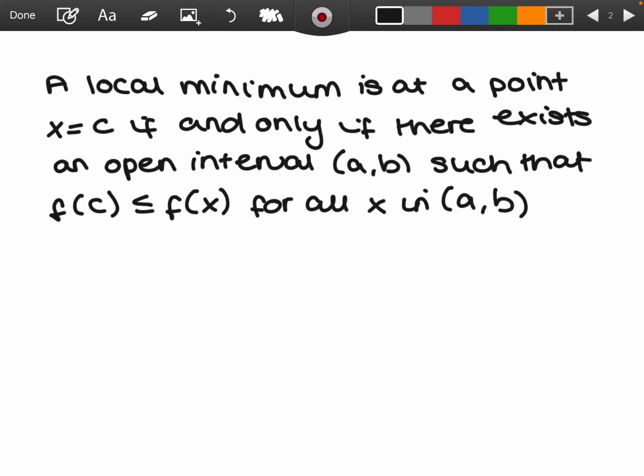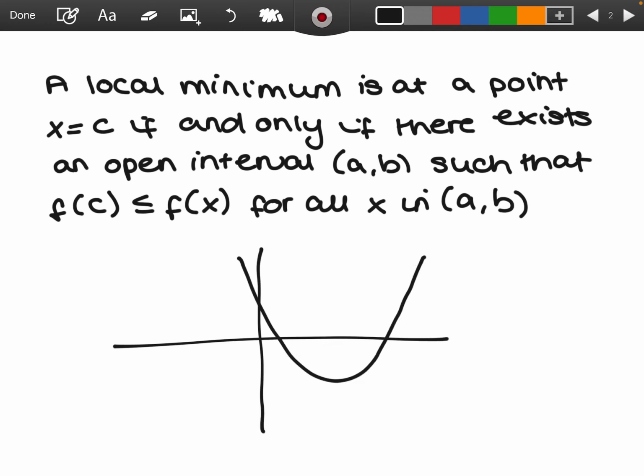So again, we have this open interval that contains this value c, and then for all other x values that surround c, the function value this time is going to be greater than the function value at c. So if you draw that on a graph, it would look something like this, where we have x is equal to c, and you'll see that the function value here is less than the function value of any of the other points around it.